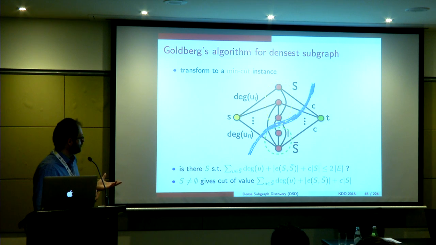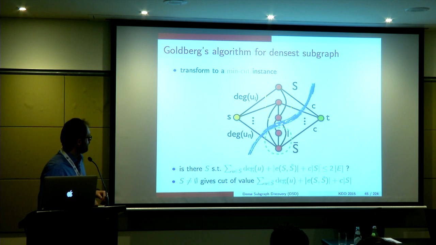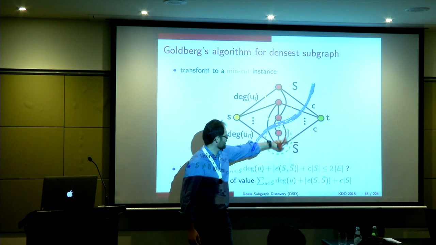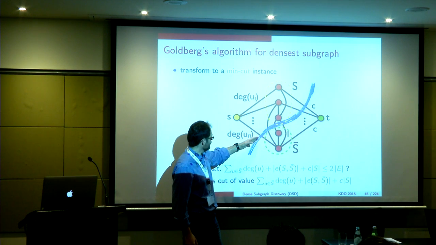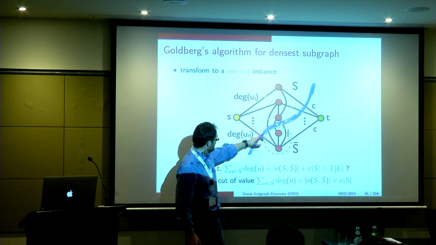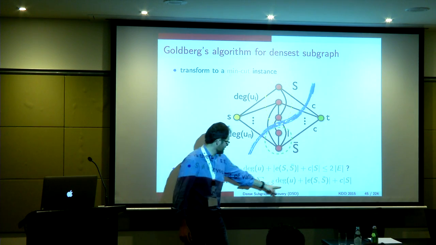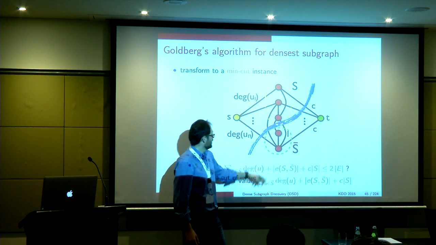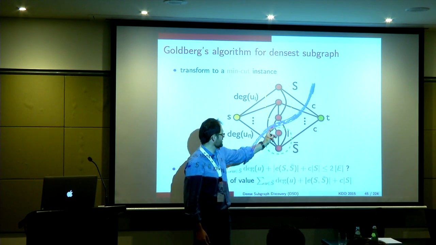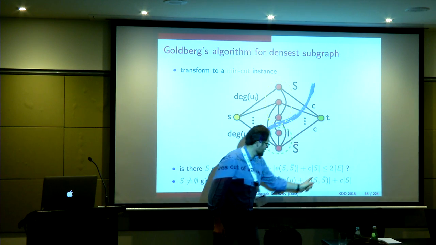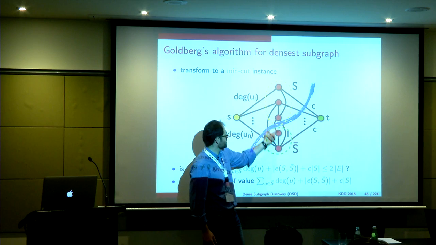Let's see that I'm able to find such a cut. What would be the value of this cut? For the values on S prime here, so this is S bar, the complement of S, the value of the cut would be the capacities that go to the source. So this would be this term here. The edges I cut in the graph go from S to S prime.